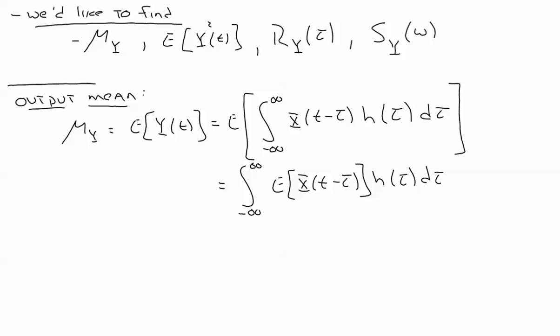So the expected value of x of t minus tau is just the expected value of x, and that's the constant value mu of x. And since it's a constant, it can come outside of my integral. That's that. Okay? All right, let's move to the next page and finish this up.